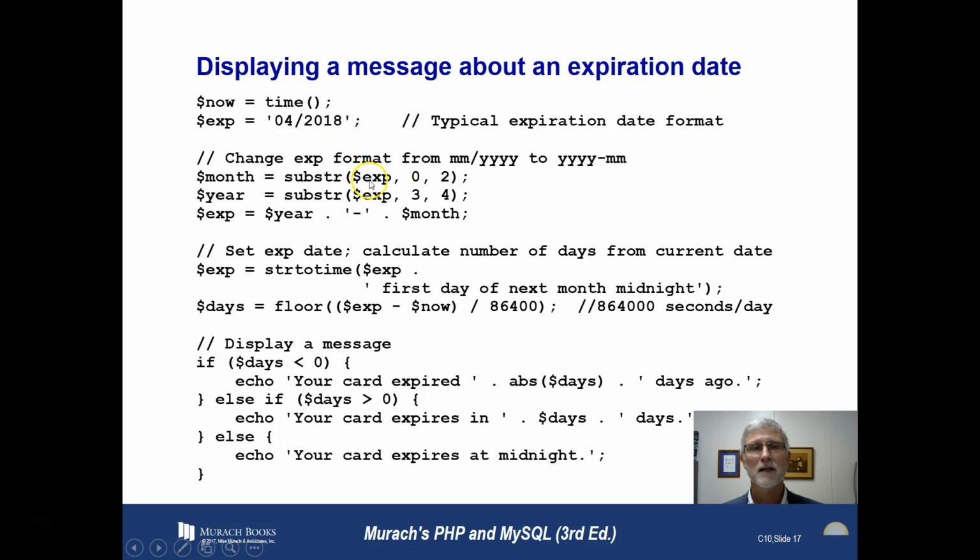Now what I want to do here is change that expression. So I'm giving just the month, I'm giving just the year, and then you can put the expression back together again. So it just gives you different ways to use dates and times using the string to time function.